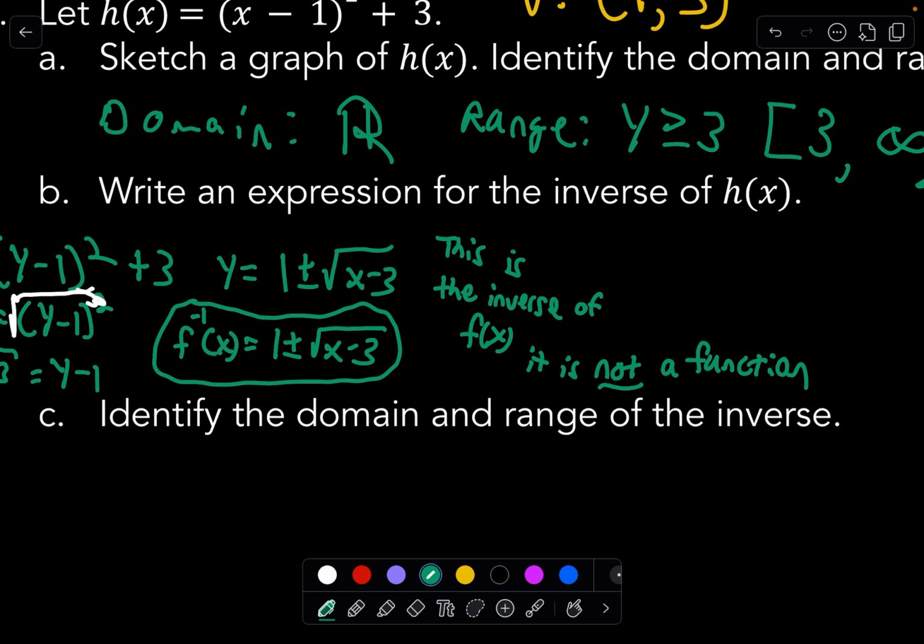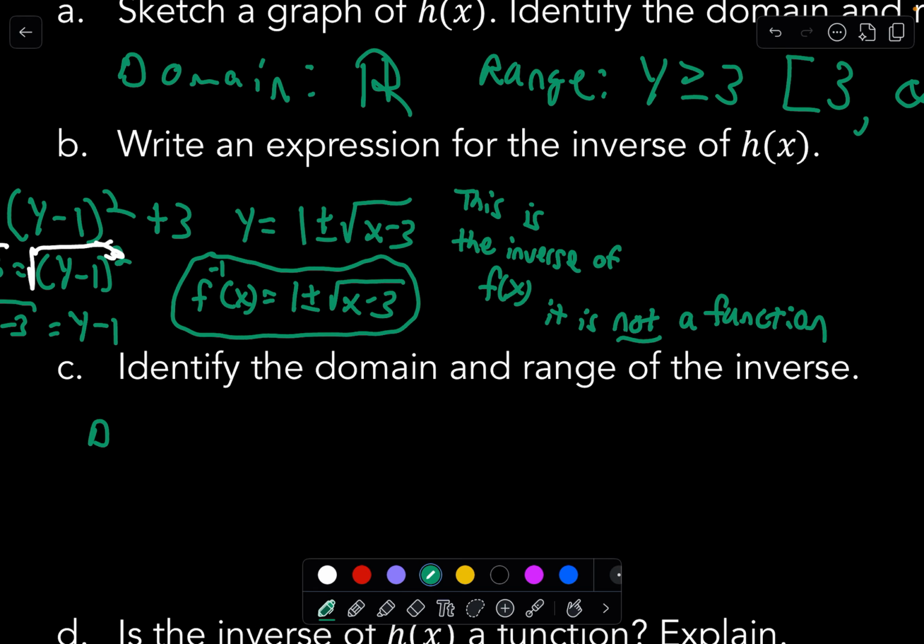Okay, it says identify the domain and range of the inverse. Well, the domain of the inverse, let me use yellow, just in contrast to the original function. The domain is just going to be the range of the original, and the range is y is greater than or equal to 3.